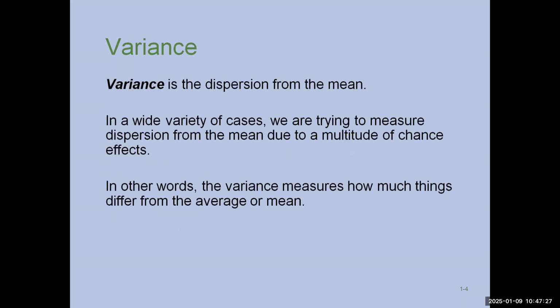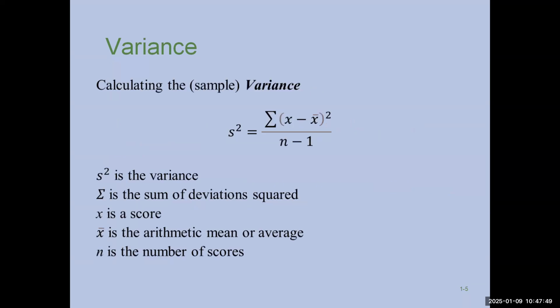In a wide variety of cases, we are trying to measure dispersion from the mean due to multitude of chance effects. In other words, the variance measures how much things differ from the average, and each individual data can differ with respect to the mean. That is what exactly we used to find out the variance. So this is the equation that all of you know.